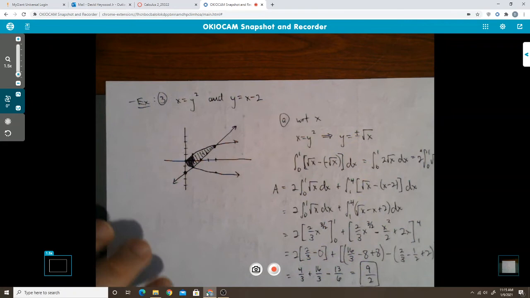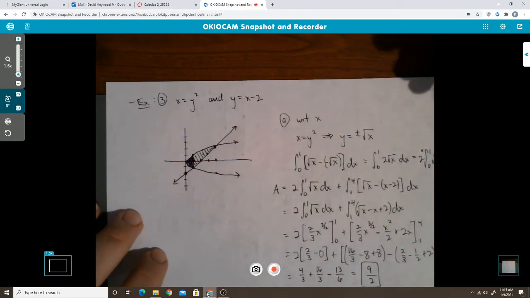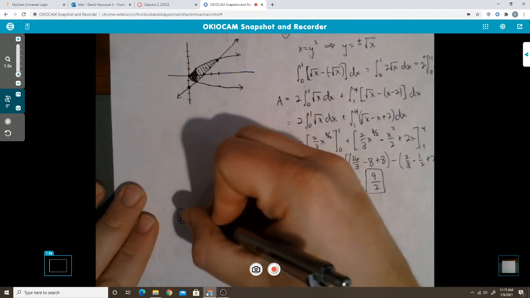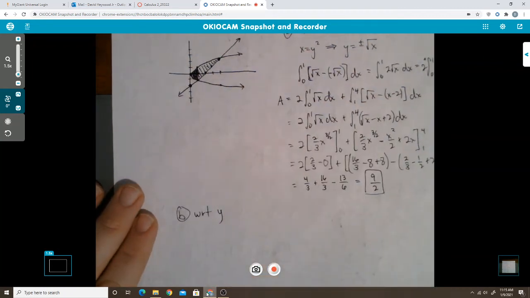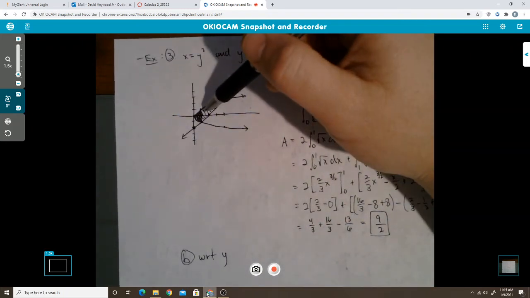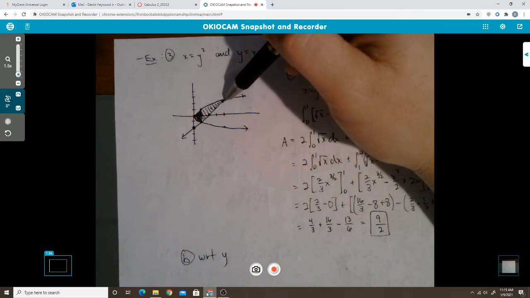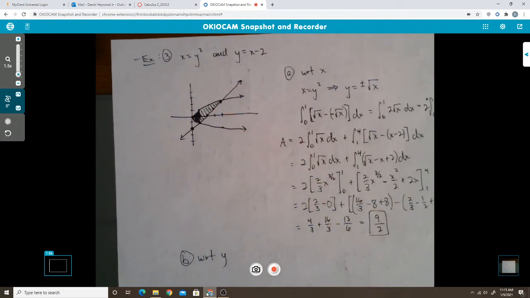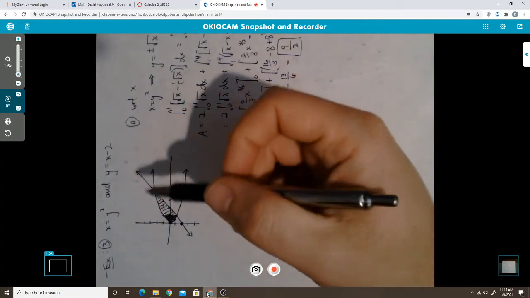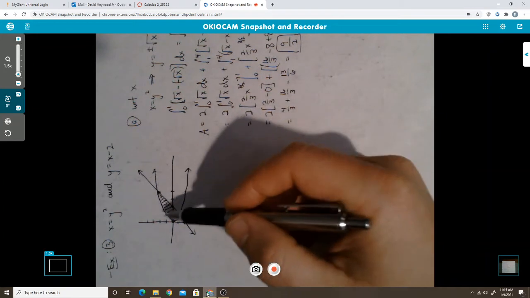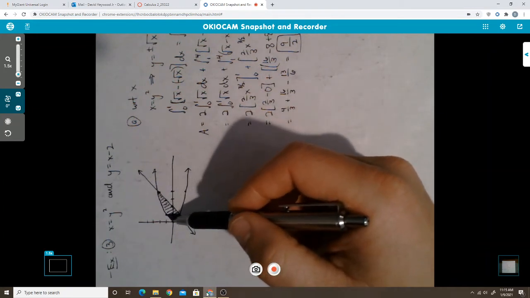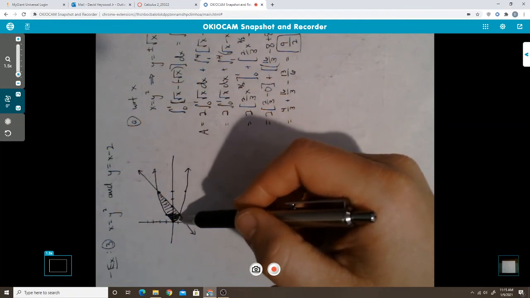Now, what if we integrate with respect to y? What would that look like? Instead of thinking of it like top to bottom, we're going to think of it like right to left. You could almost think of it like if you just took the picture and tipped it over.